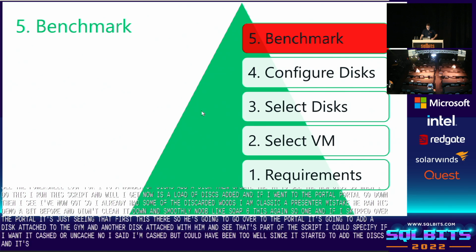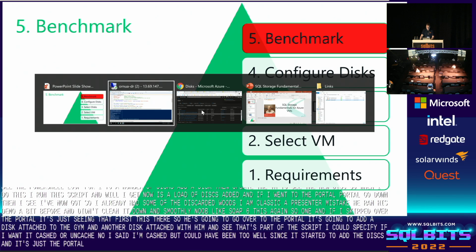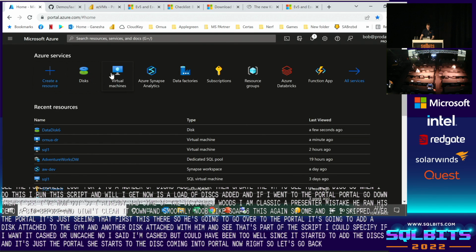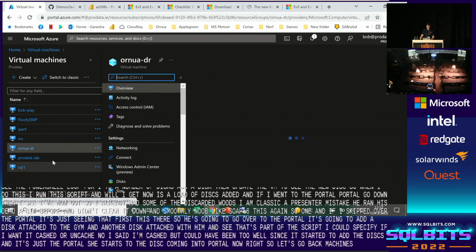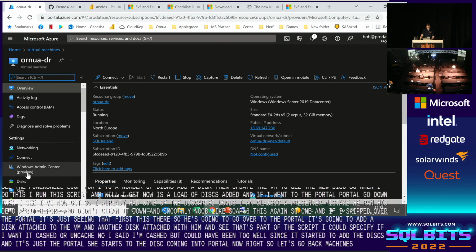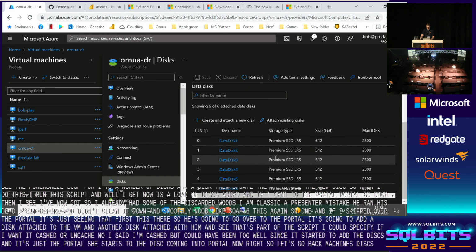And let's just flip over to the portal. We should start to see those disks coming into the portal now, right? So let's go back. Virtual machines. Disks. Hey, I've now got 6 half a terabyte disks.